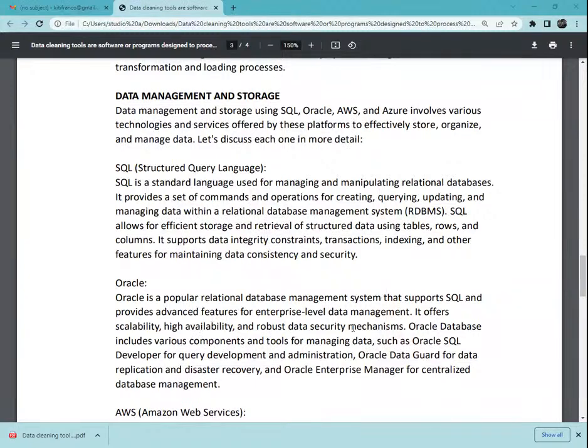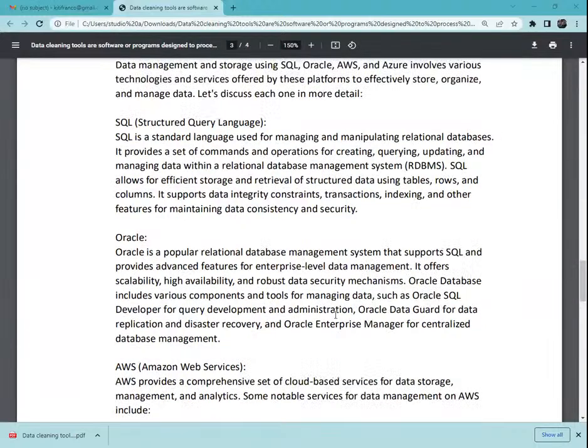Oracle is a popular relational database management system that supports SQL. It works under the SQL principles and provides advanced features for enterprise-level data management. It offers scalability.